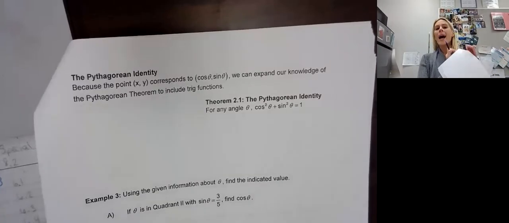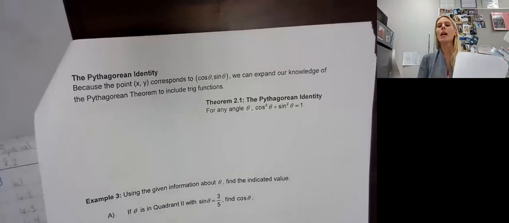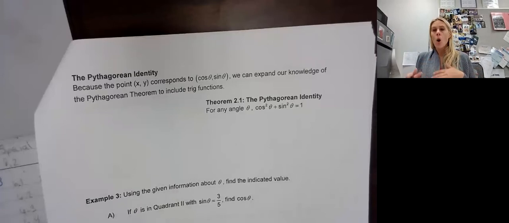So, Pythagorean identity. Because the point (x, y) really corresponds with the coordinate (cosine theta, sine theta), we can expand the Pythagorean theorem into the Pythagorean identity, which uses our angles.